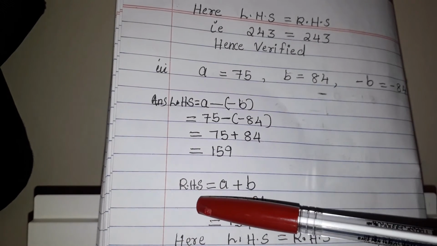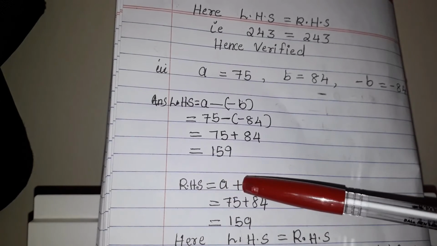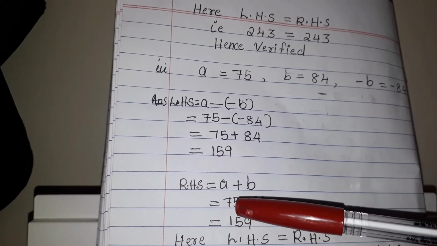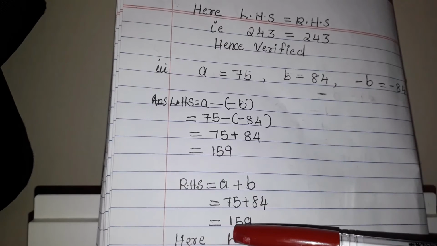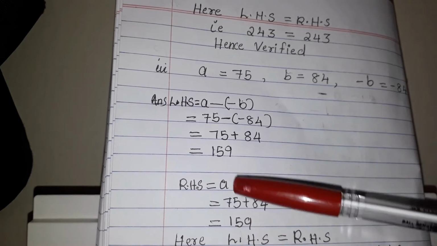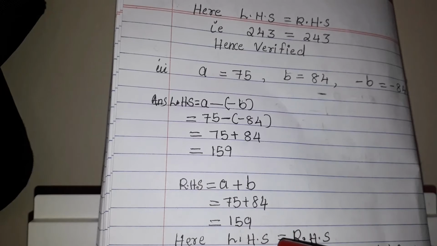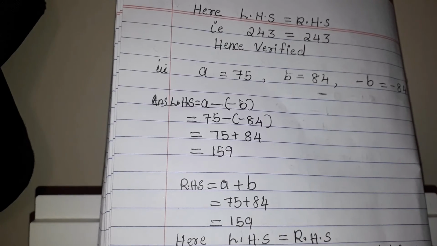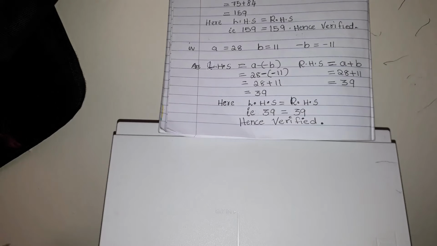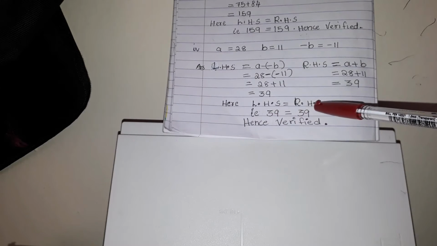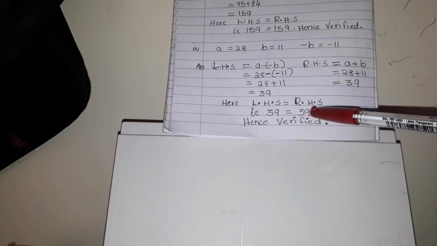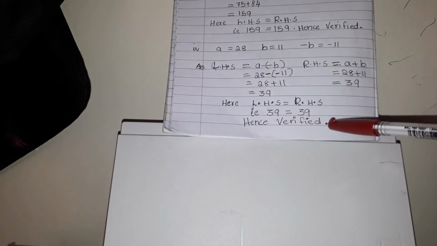Then RHS you have to write. A plus B is equal to 75 plus 84, which is equal to 159. Here LHS is equal to RHS, hence verified.